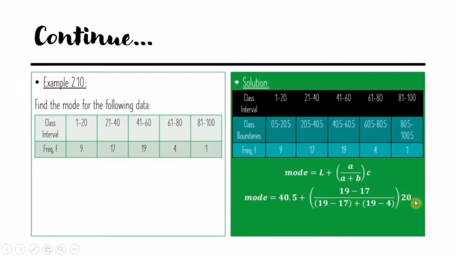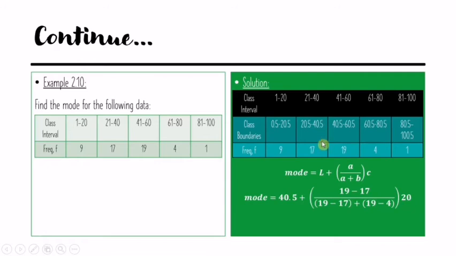How do we calculate the class size? In this case, you can calculate the class size by 20.5 minus 0.5, or 21 minus 1. So you get 20.